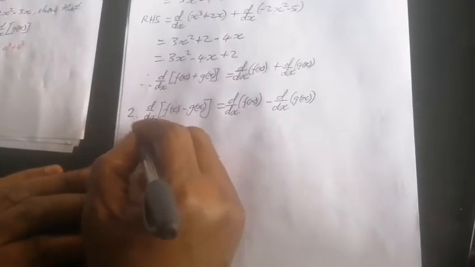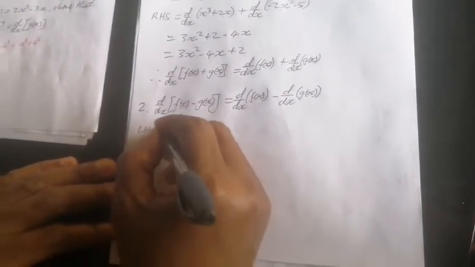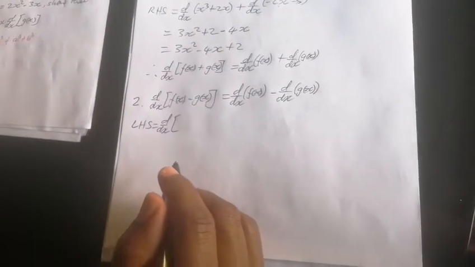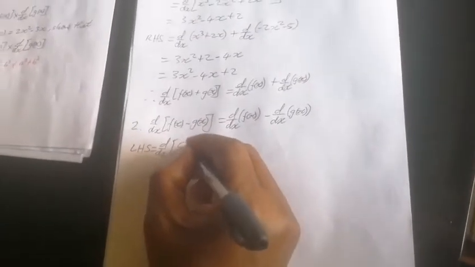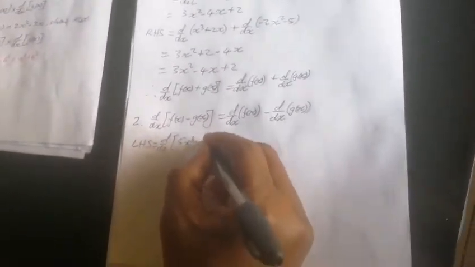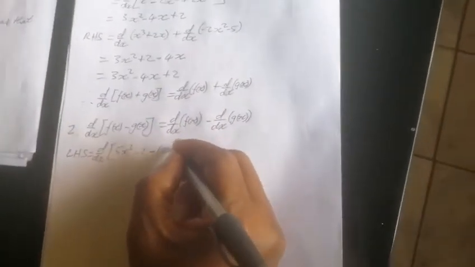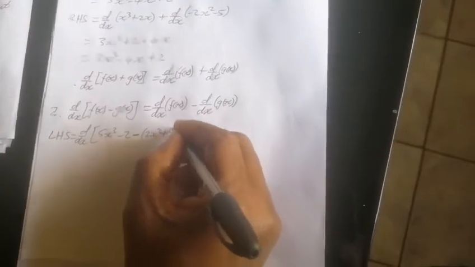So left hand side, it will be d dx of, we are subtracting the two. Our f of x is 5x cubed minus 2, minus, in brackets, 2x squared plus x. We close.